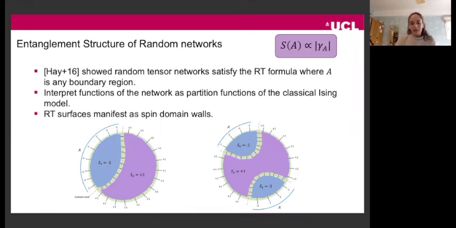And the main advantage of this technique is we can apply it to connected and disconnected regions, and also having uncontracted bulk indices. So loosely speaking, associating a spin with each tensor in the network and each having a pinning field on each of the dangling legs, the domain walls are minimized for the ground state, and this corresponds to the entropy of the state on A being proportional to the Ryu-Takayanagi surface.